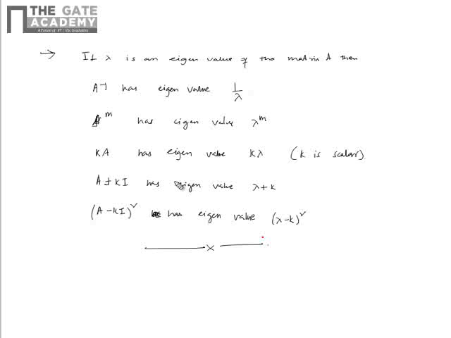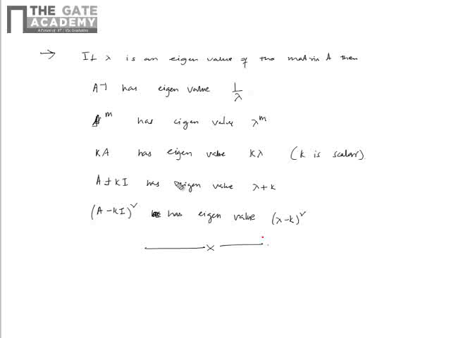In general, if lambda is an eigenvalue of the matrix A, then A inverse will have eigenvalue 1 by lambda, A to the power m will have lambda to the power m, kA will have k lambda, and A plus kI will have lambda plus k. The important properties are the sum and the product of the eigenvalues, and noting that A and A transpose have the same characteristic equation, so they have the same eigenvalues.